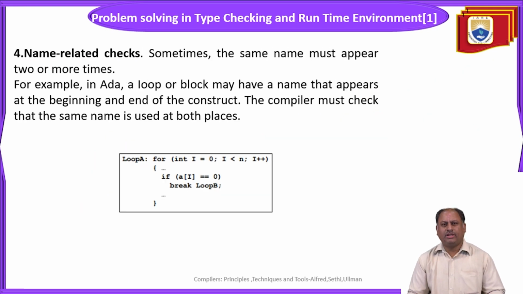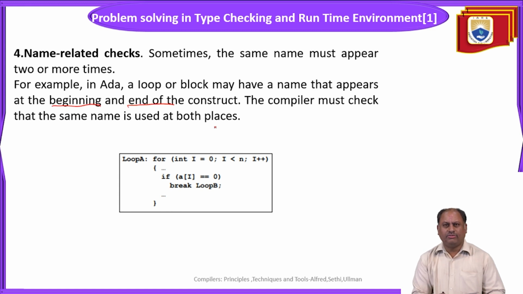Another one is name related checking. In name related checking, we verify whether the same name is appearing several times. That means here we verify at the beginning and end of the constructs.